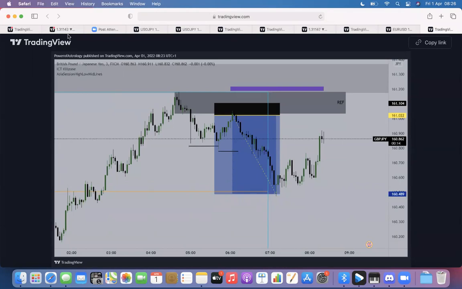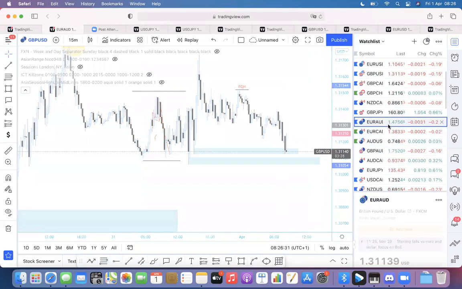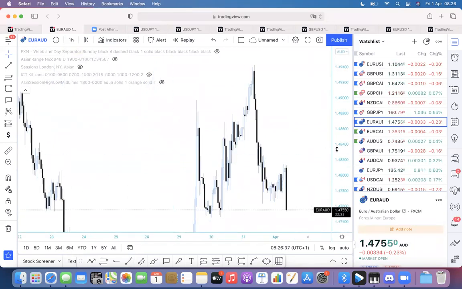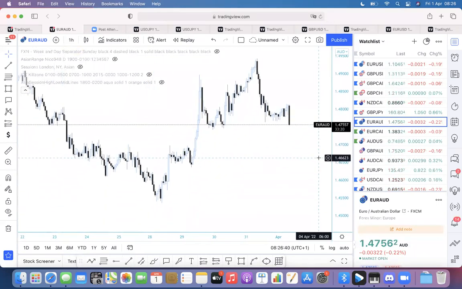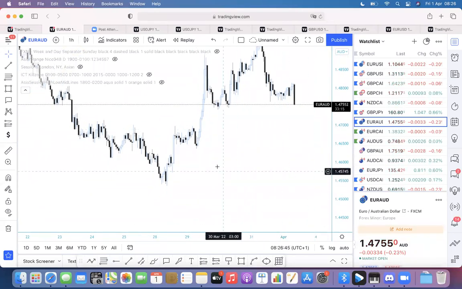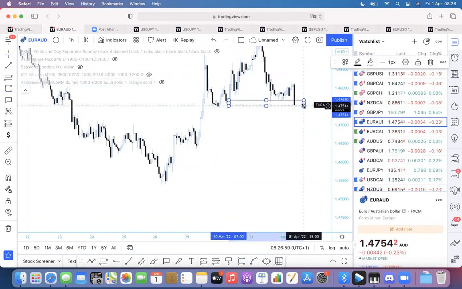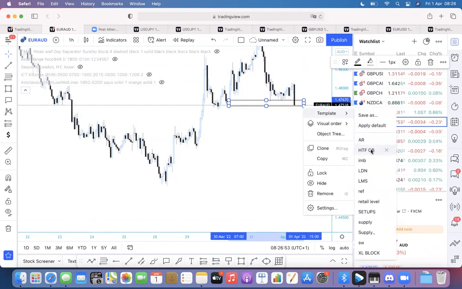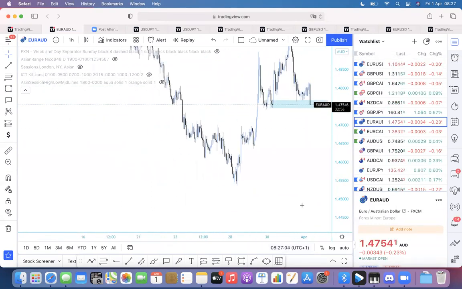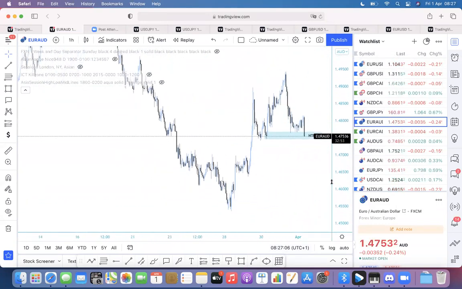Your AUD in order block zone, 1 hour. Not really. I mean, yes, here. But let me see.